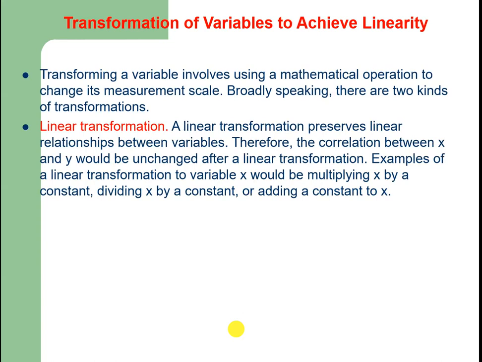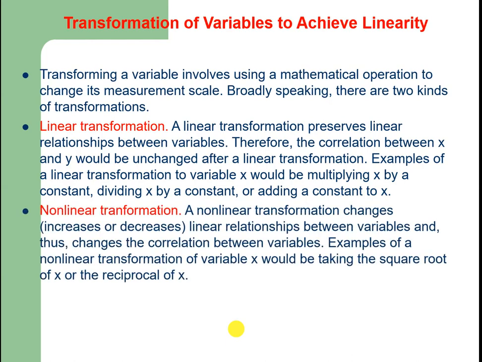Linear transformation preserves linear relationships between variables. Therefore, the correlation between x and y would be unchanged after a linear transformation. Examples of a linear transformation to variable x would be multiplying x by a constant, dividing x by a constant, or adding a constant to x.